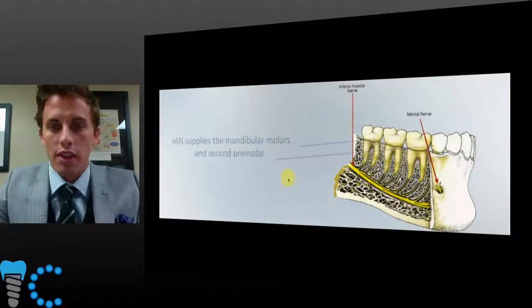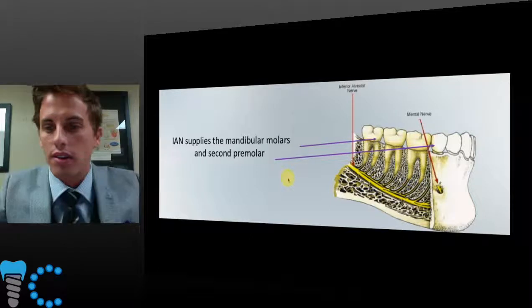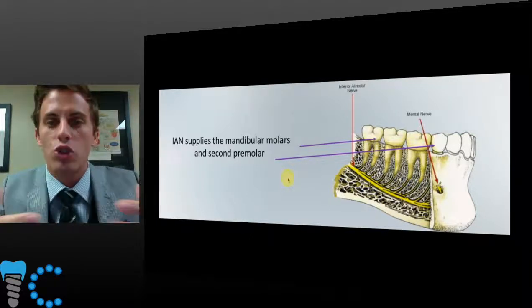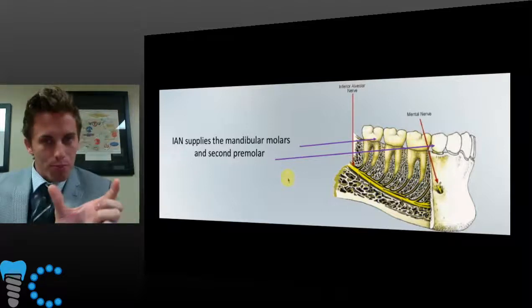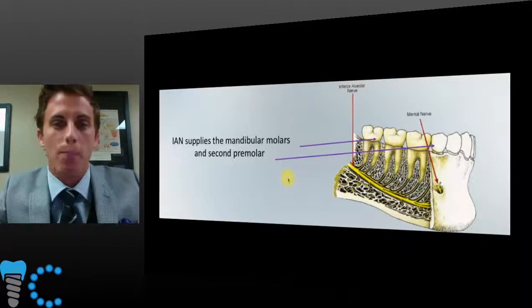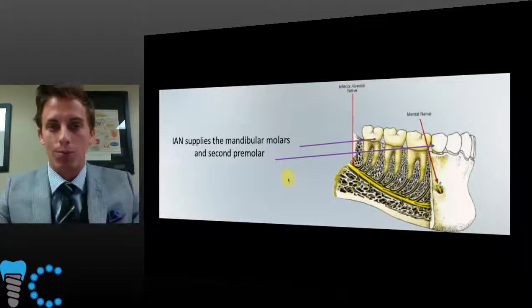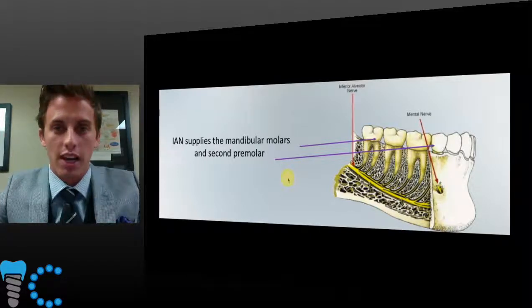So this is a schematic of what's going on inside the jawbone itself. The long portion of the mandible, we call that the body. The inferior alveolar nerve does supply the mandibular molars and part of the second premolar.